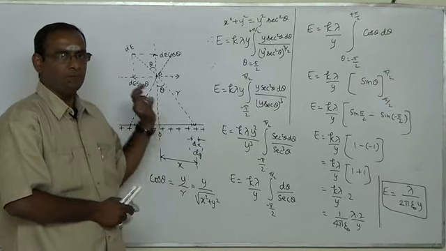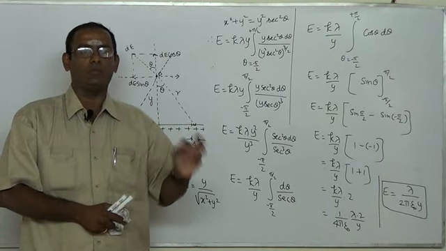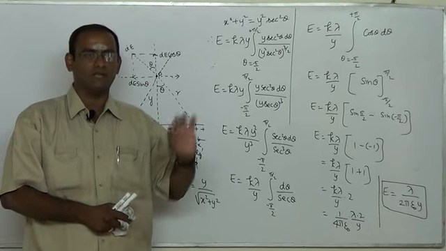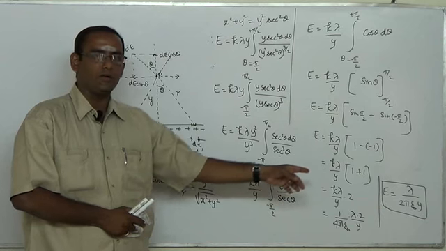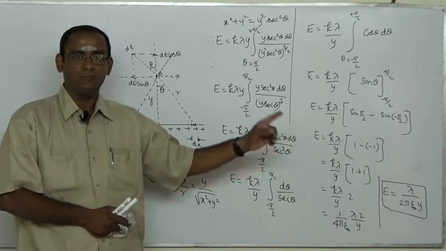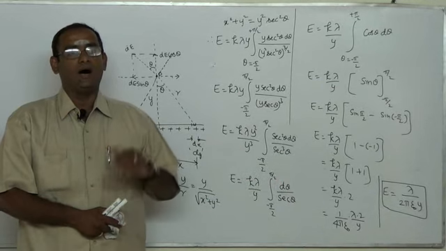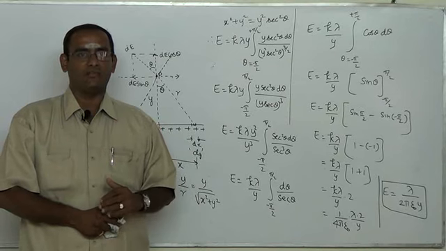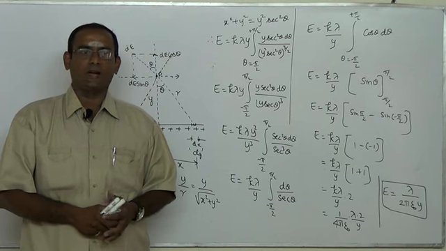So finally, the electric field at a point due to a long wire carrying a uniformly distributed charge is given by E equal to lambda divided by 2 pi epsilon naught y, where lambda is the linear charge density, y is the distance of the point from the midpoint of the wire, and the direction of the electric field is radially outward. Please do practice, children.